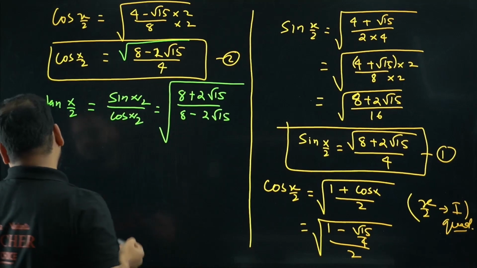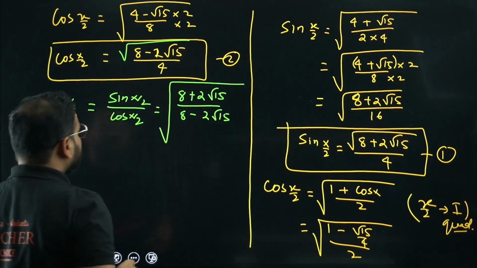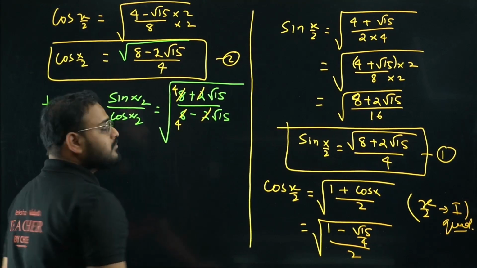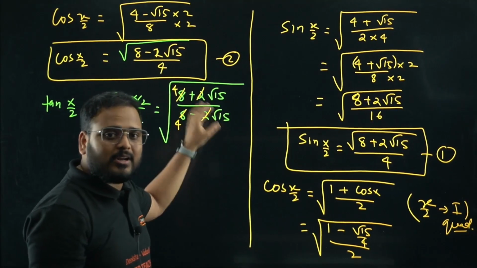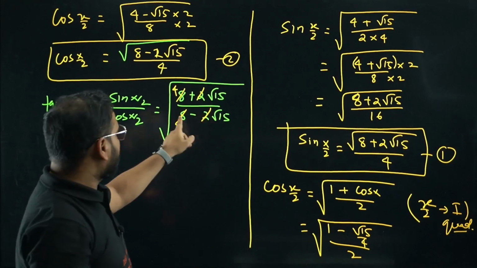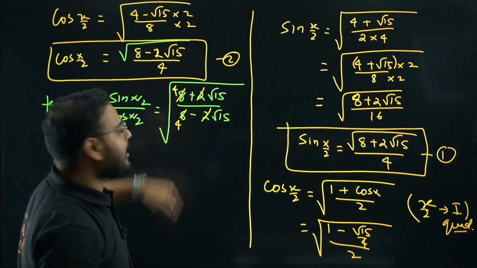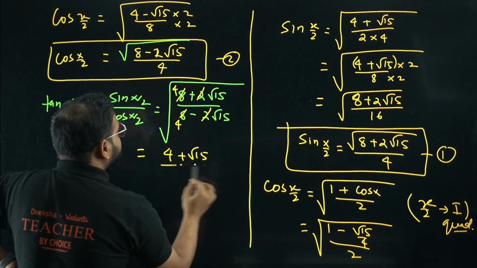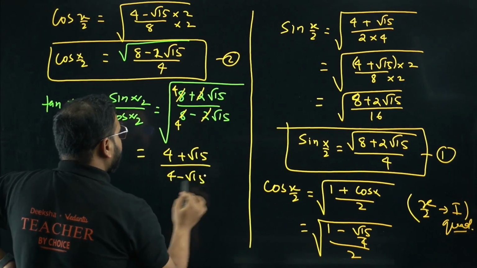I can cancel 2, sir, over here. How come, sir? I'm taking 2 common, it will become 4, it will become 1. Here also 4 and 1. So that's why I'm cancelling the 2 and 2, okay? So I'm getting this as 4 plus root 15 upon 4 minus root 15.